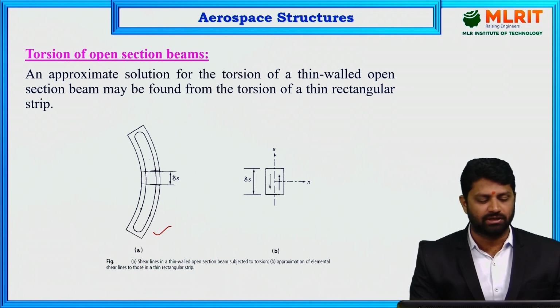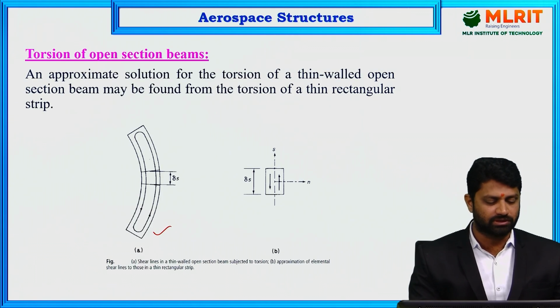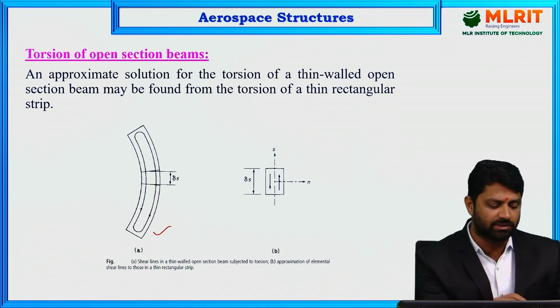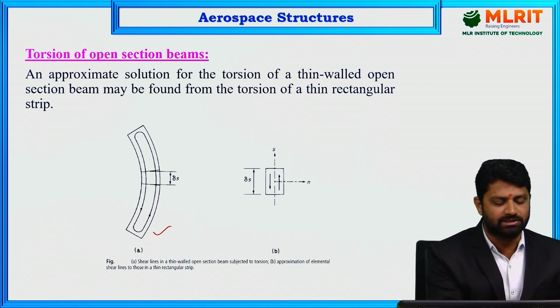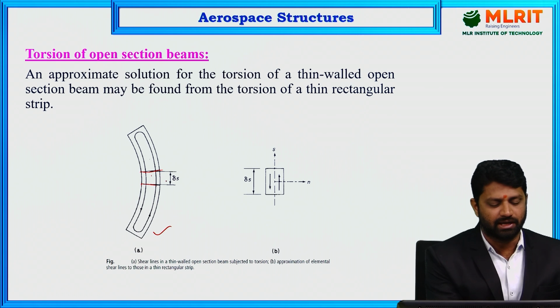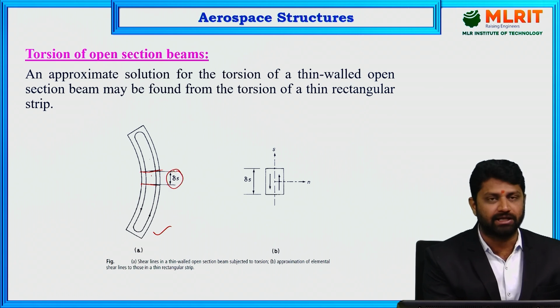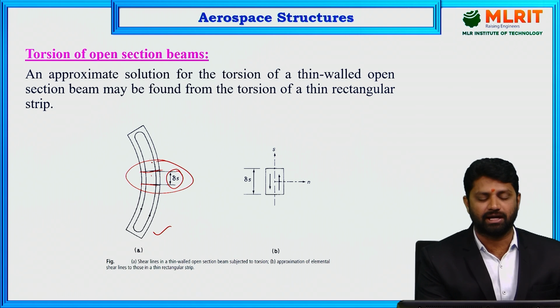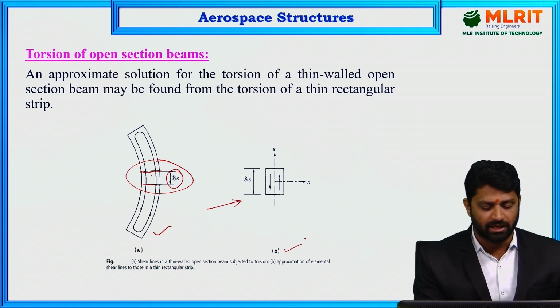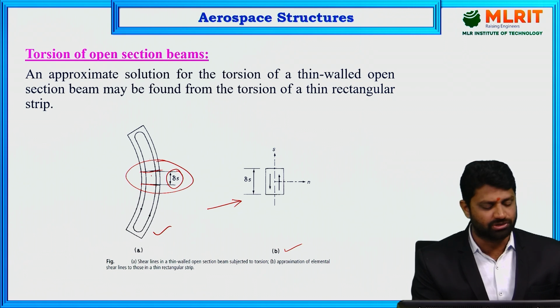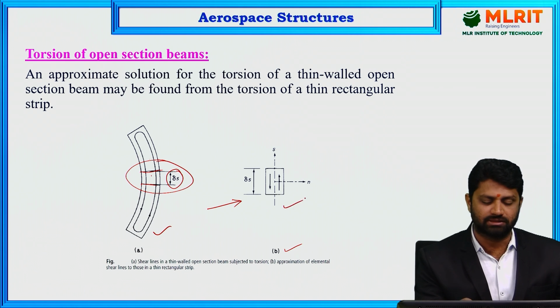So a thin rectangular strip we considered, and let us consider one small element in this, having depth delta S. Magnifying this small element and redrawing it in the right side diagram, shown in figure B, it is an approximation of the element, in which the shear lines are clearly depicted.